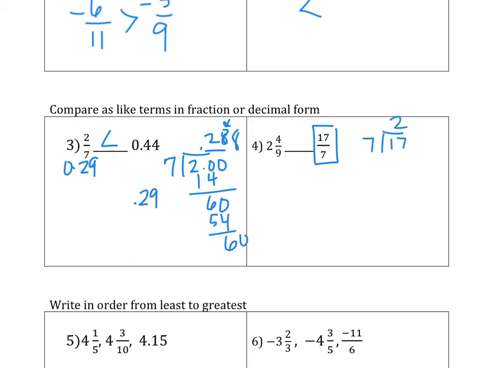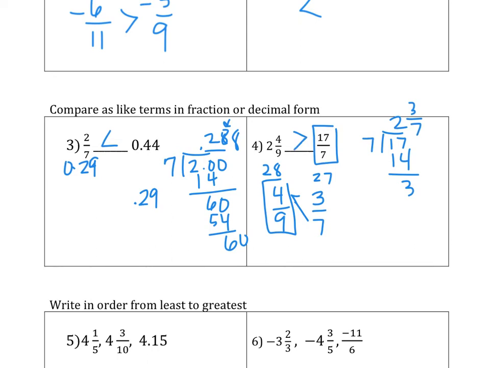It would be 2 and 3/7. So my 2's are the same, and so I'm going to be comparing my 4/9 to my 3/7, and I'm going to do this by cross multiplying. So that's going to be 28. This is going to be 27. So that means that this fraction is bigger. So that means that 2 and 4/9 is bigger than 17/7.